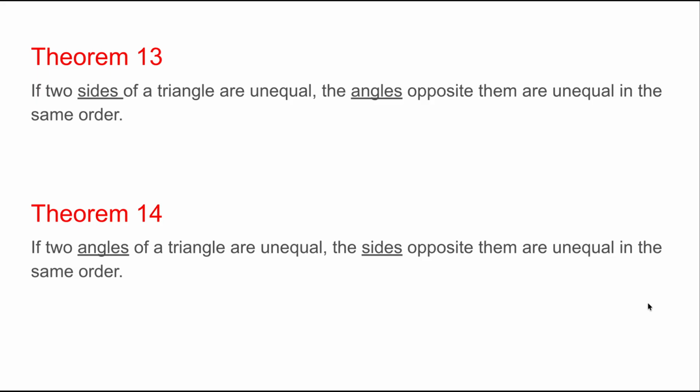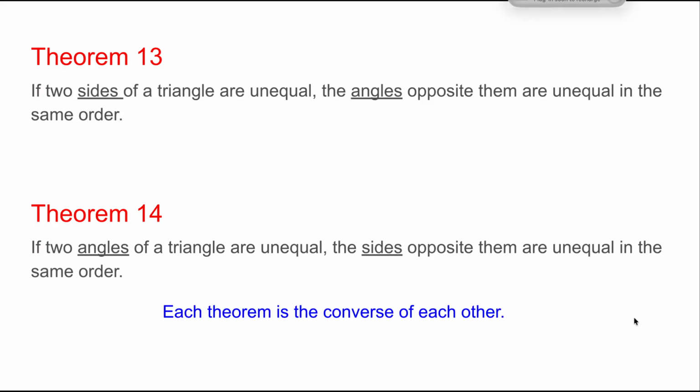Also, we had Theorem 13: if two sides of a triangle are unequal, the angles opposite them are unequal in the same order. And also, this is saying the same thing but opposite: if two angles of a triangle are unequal, the sides opposite them are unequal in the same order. So these are the converse of each other.